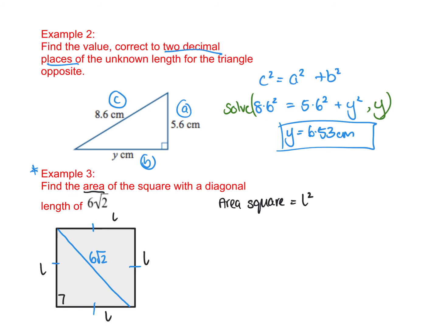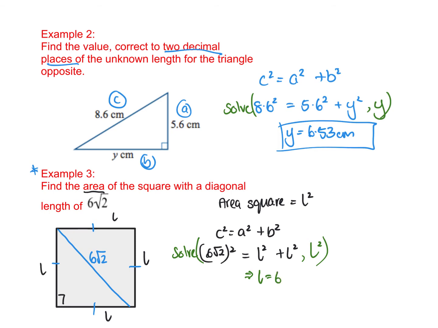So if I use the Pythag formula, this is C, so I'll put that in the calculator. Now I've got L squared plus L squared. It doesn't matter if there's 2 unknowns, it's the same letter, so the calculator can work it out for you. So you get L equals 6.